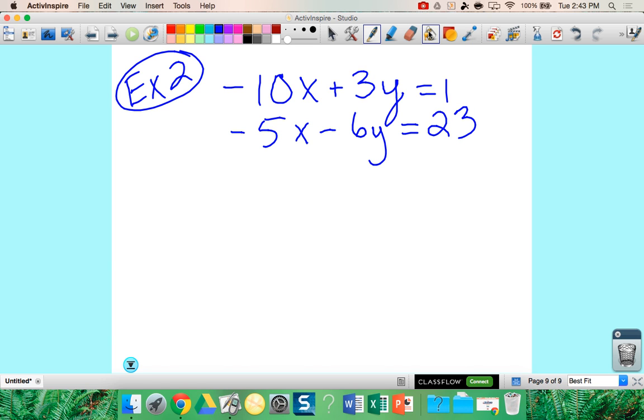Okay, so here's example 2. I like to go ahead and draw my line underneath to get in that frame of mind. Going to be adding them together. Now on example 1, we already had a variable that could be eliminated. It was that y term, okay?